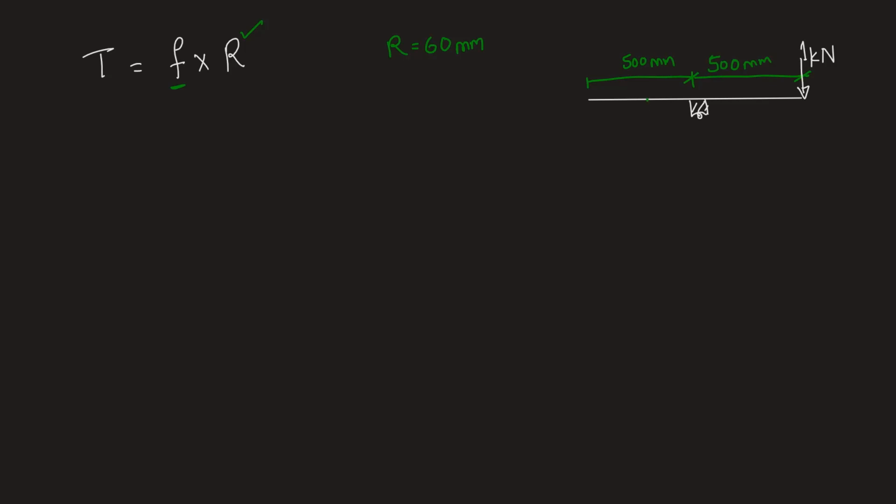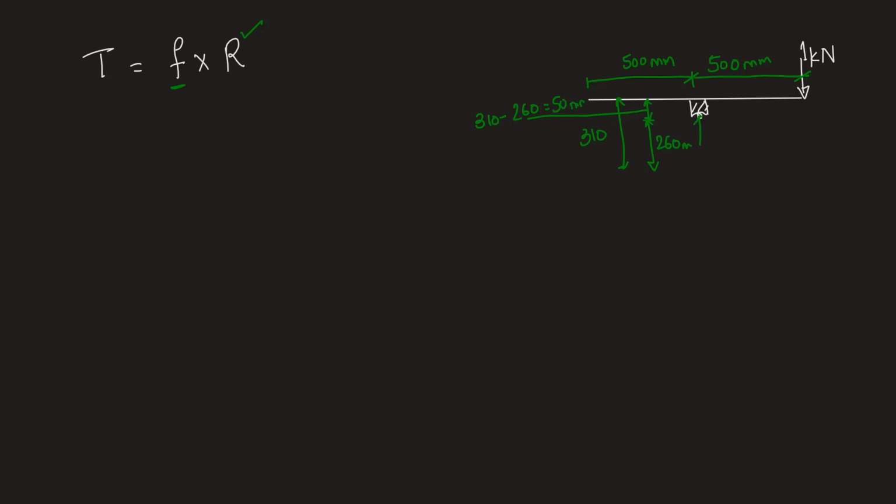This distance we can find out because the total from here to the center has been given as 310 millimeters and the radius of the brake drum is given as 260 mm. So this distance can be found by subtracting 310 and 260, which is nothing but 50 millimeters.